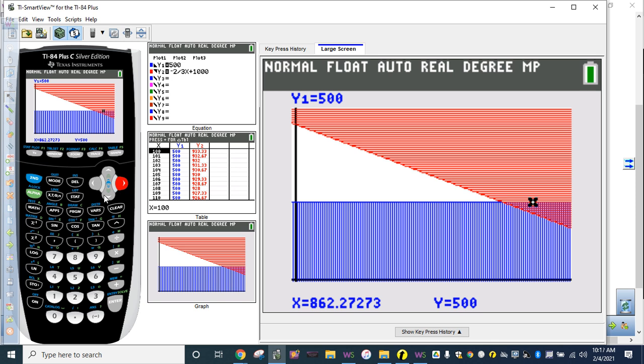You can hit the down arrow, and it'll switch to the diagonal line, and every single one along the diagonal line is a solution as well. Obviously you can pick points in this overlapping shaded part, but it's just an easy way to get the points from the graph. Just trace, second trace intersect to get where they do intersect, and then trace, and you can arrow back and forth along the lines. To switch between the lines, you arrow up and down.